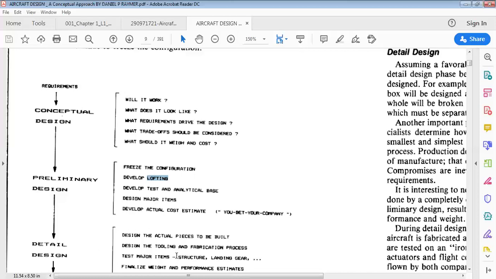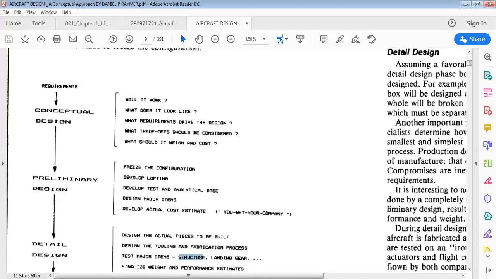So you can see the testing of the major items, such as the structure of an aircraft, the structure of a fuselage, the structure of a wing, the structure of a landing gear, correct? These are all things that will be taken into consideration, and you can finalize the weight and performance estimates. So finally, we are working out the total design gross weight. What does this total design gross weight mean?